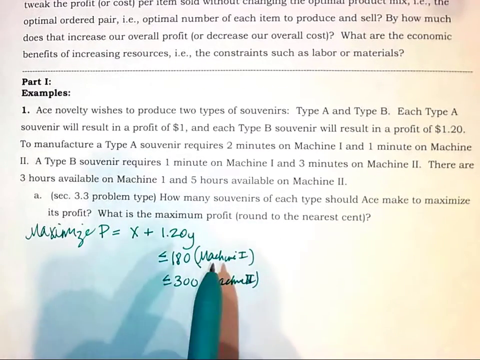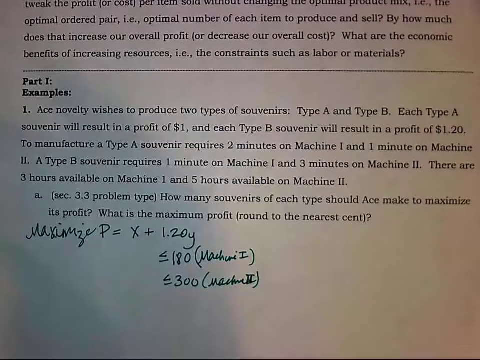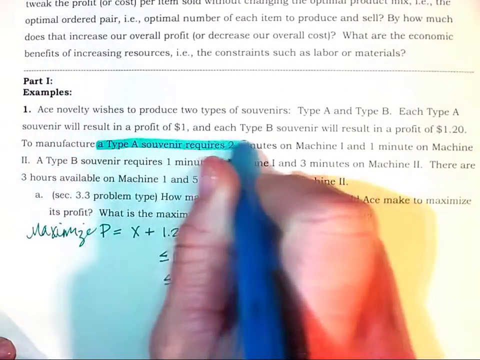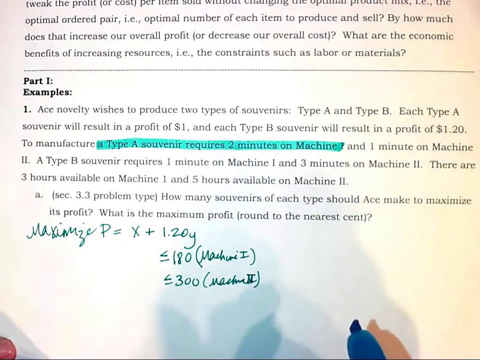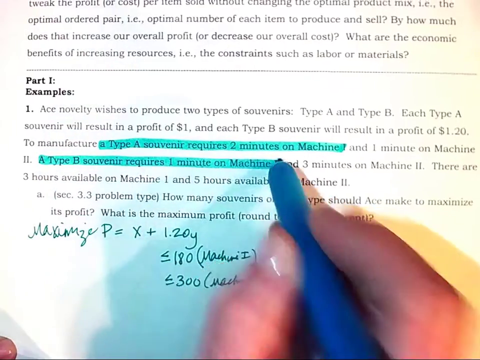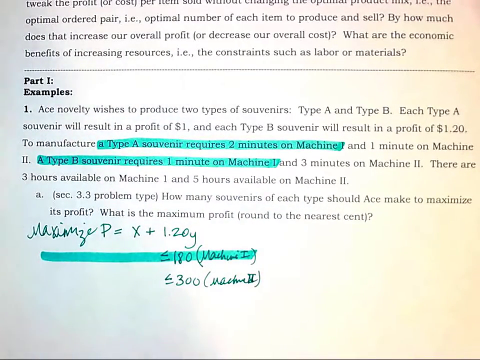Okay, so if we look back in the paragraph, and this is where sometimes your highlighters can come in handy. So it does say that a type A requires 2 minutes on machine 1. But then it also says a type B requires 1 minute on machine 1. So my machine 1 equation is going to come from both types of souvenirs.